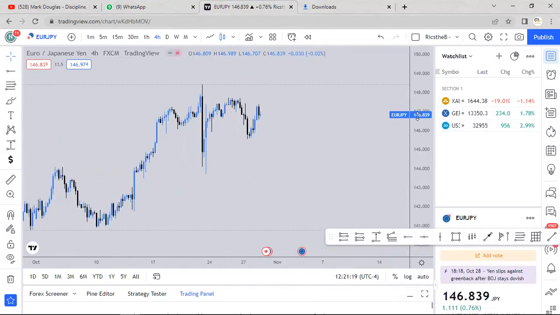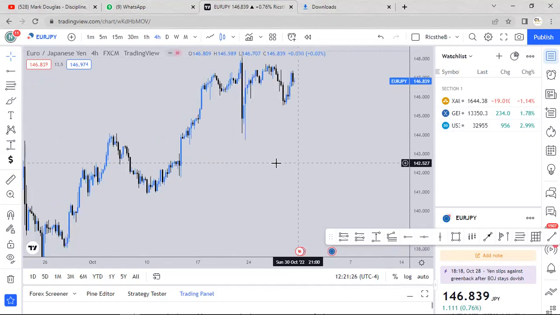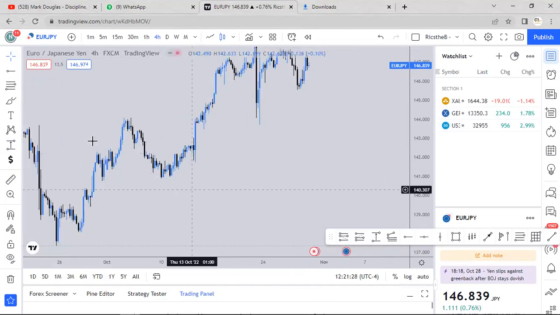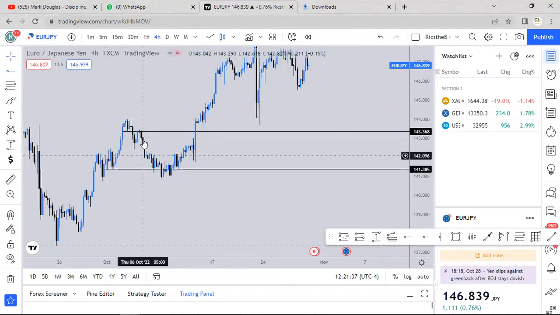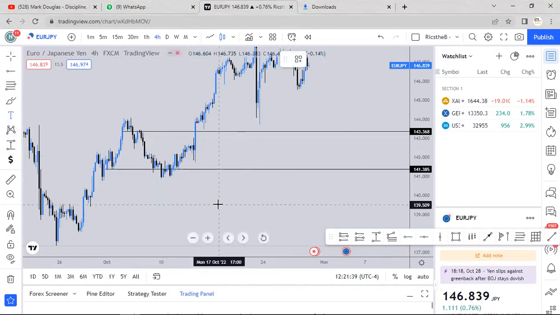Again, as you can see, we only have 3 decimal points here. So how do you calculate a pip in this? Let's say I begin with the sell example. Let's say we took a sell position on this retracement here and exited. Let's say this was our first target point.